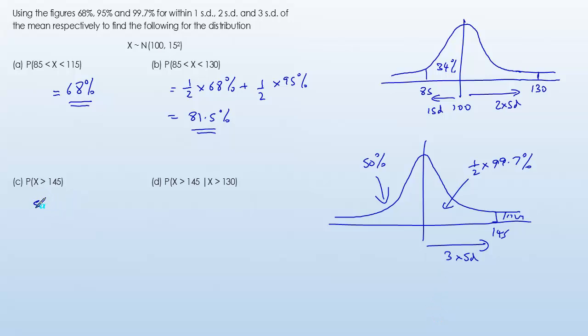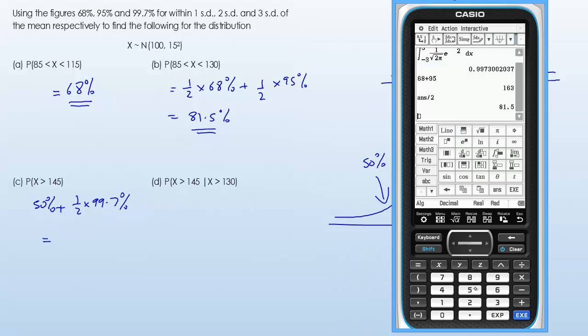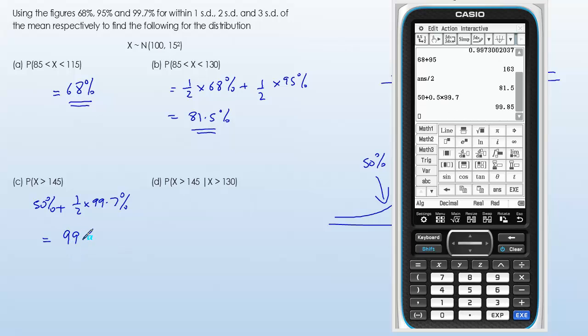So that's going to be 50%, add a half of 99.7%. So 50 add 0.5 multiplied by 99.7 gives us 99.85%.